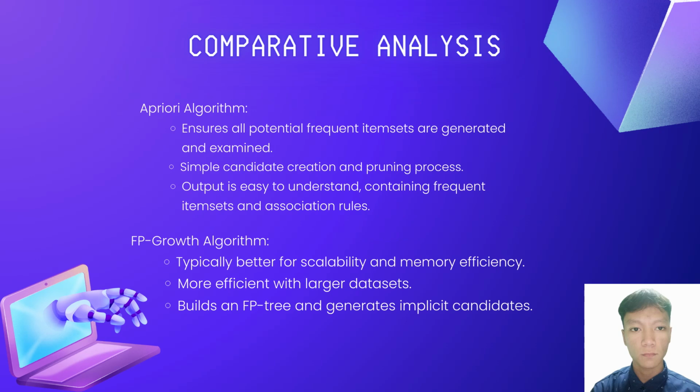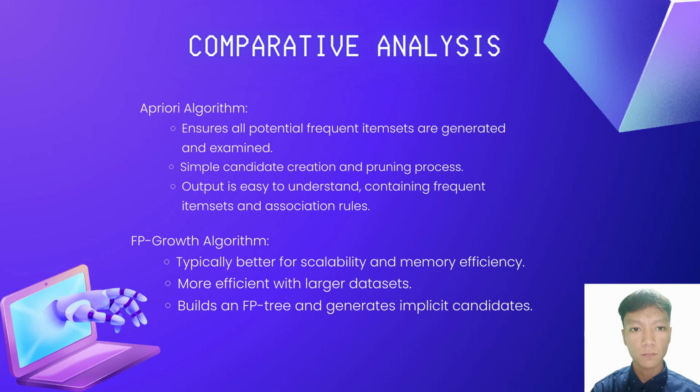Comparative analysis. In a comparative analysis between Apriori and FP growth, both algorithms have distinct advantages and disadvantages. FP growth often outperforms Apriori in terms of scalability, memory efficiency, and the number of passes through the data, particularly with larger datasets.